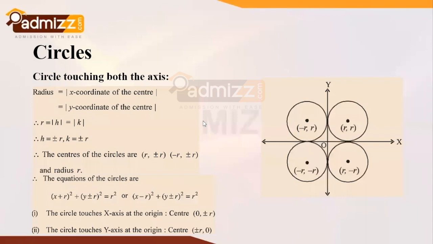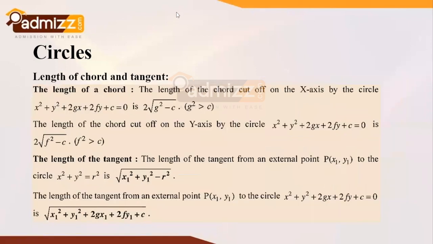Proceeding ahead further, that is the length of chord and tangent. The length of the chord cut off on the x-axis by the circle can be found out using this particular equation. The equation of the circle will be provided to you.